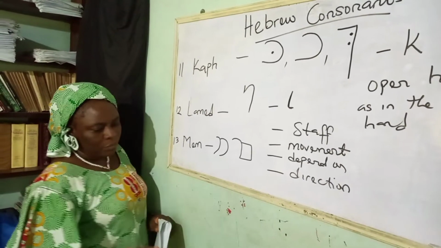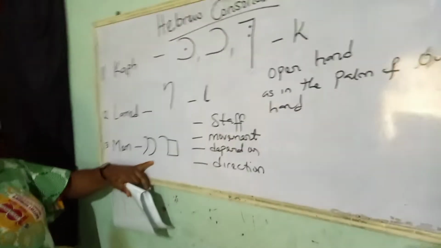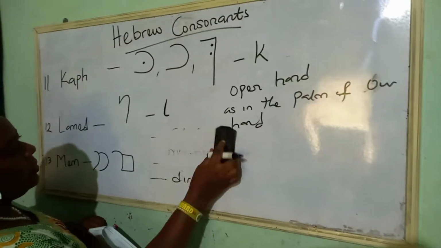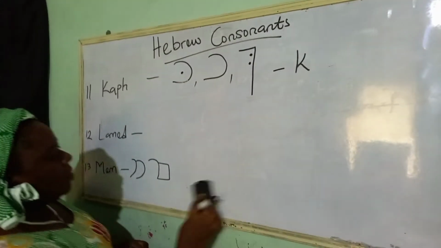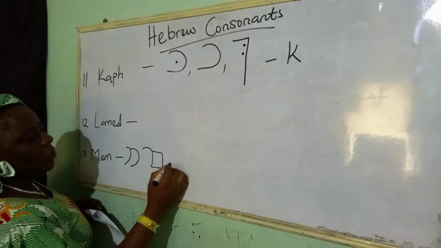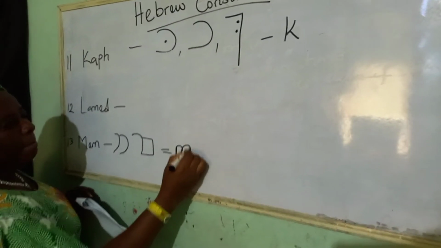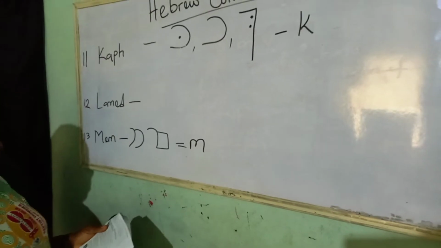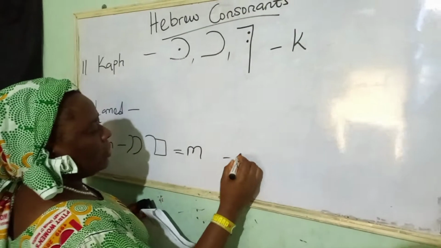Mem. And the transliteration, the equivalent in English, is M. It represents water.